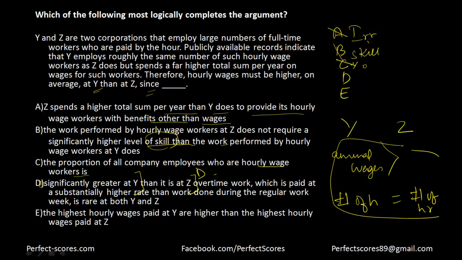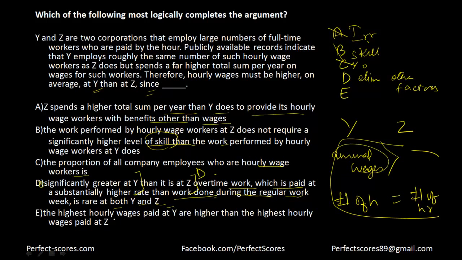But again, the percentage is not relevant. Let's go to D. D says overtime work, which is paid at a substantially higher rate than work done during the regular week, is rare at both Y and Z. Now this may be correct because what it is doing is eliminating other factors that may bring about an imbalance in this equation of Y paying more in terms of annual wages.